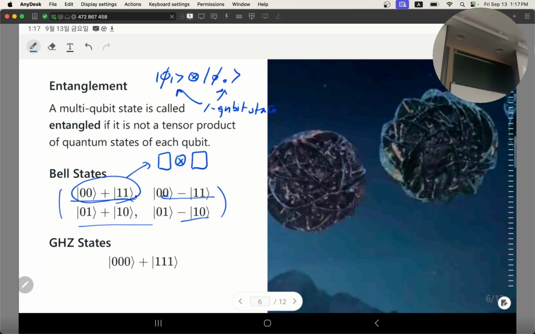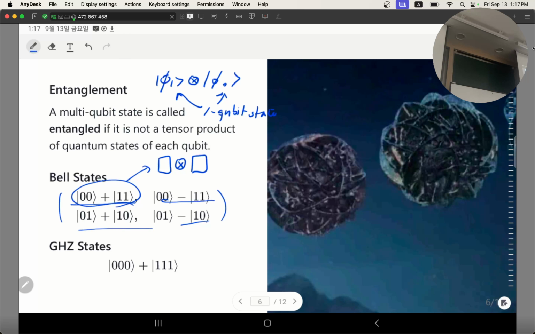What I'm saying here is that it's not a sum of tensor products. An entangled state is one that you cannot write as a single tensor product, not some linear combination of tensor products, okay? So you cannot write this state as a single tensor product, nor any of the other states. And same thing for this. This is a 3 qubit state. You cannot write it as a tensor product of 3 qubits. So this is called an entangled state, and these are typical examples of entangled states.